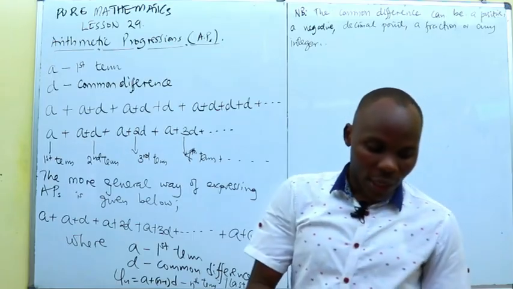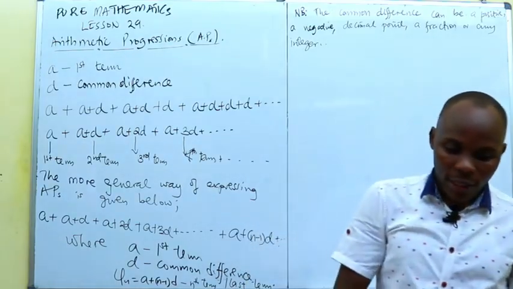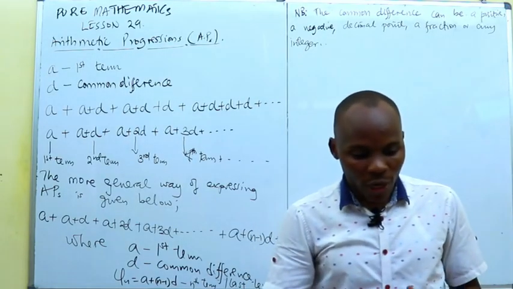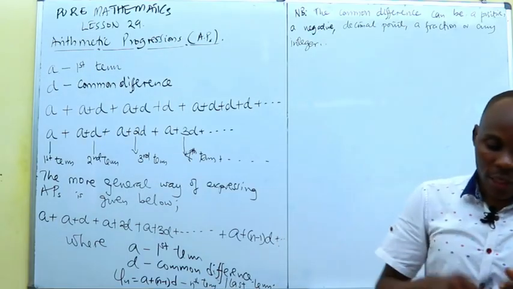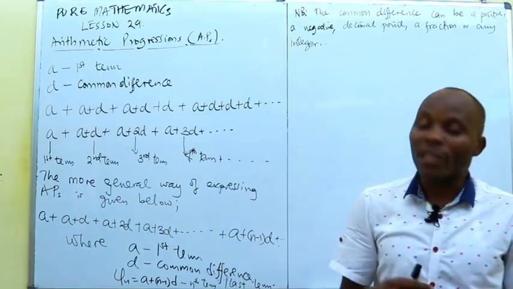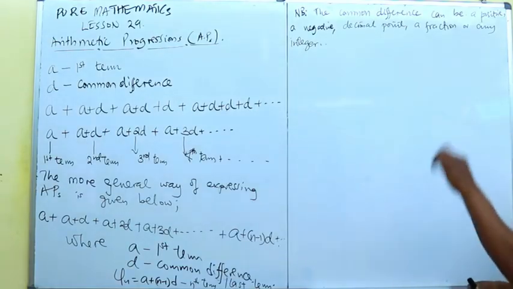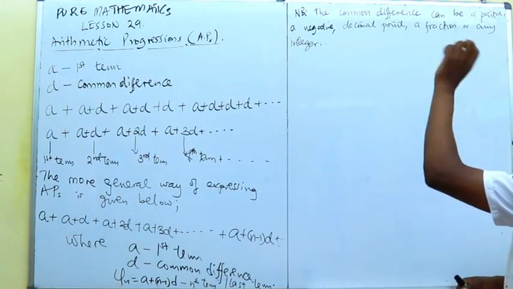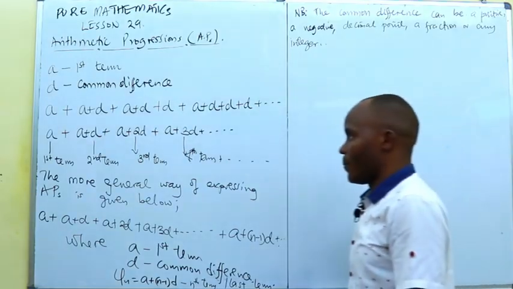I've said it can be an integer, a fraction, a positive number, a negative number, or that kind of arrangement. All that can talk of the common difference.